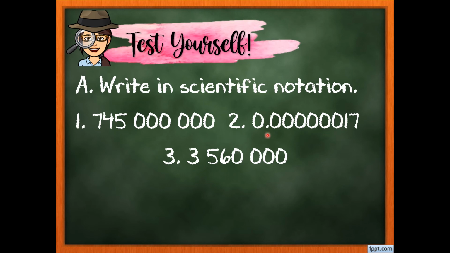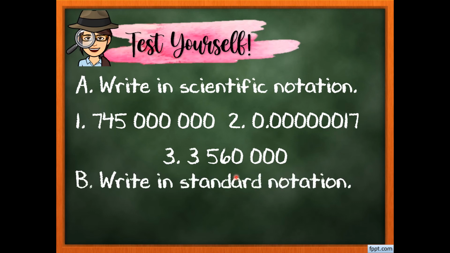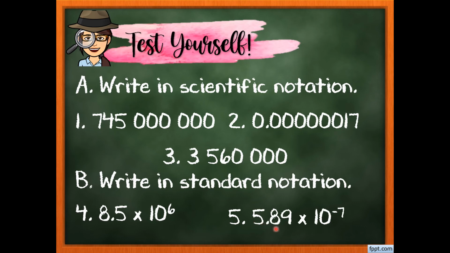Number 2 is 0.000000017. Number 3 is 3,560,000. Then letter B, you need to write in standard notation. 4 is 8.5 times 10 to the 6th power. 5 is equal to 5.89 times 10 to the negative 7. You can start answering now.